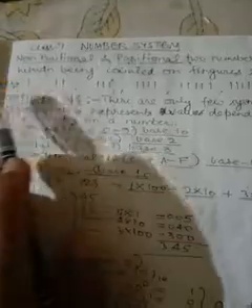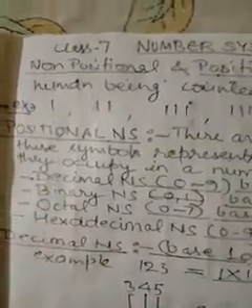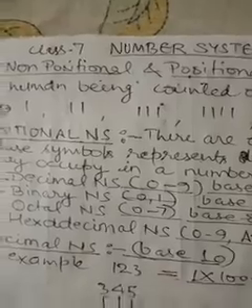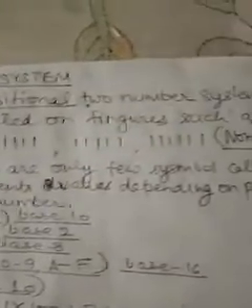There is no position, only the object is added to the previous object. The number system we use in our daily life is called the positional number system. Again, a non-positional number system repeats the symbol again and again, like 1 1 1 1 1 1 1 1 1 1 1.